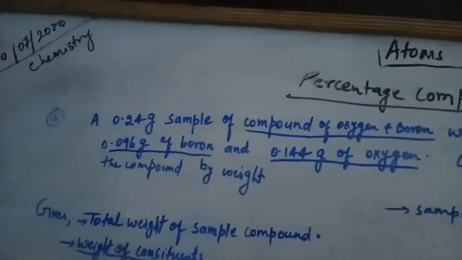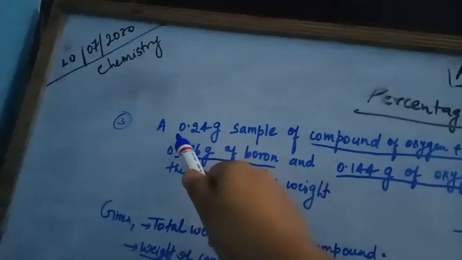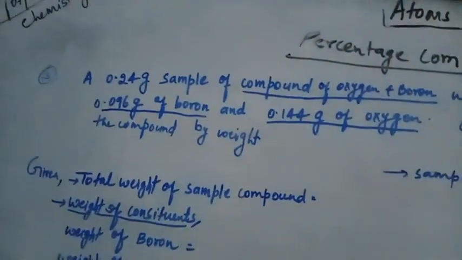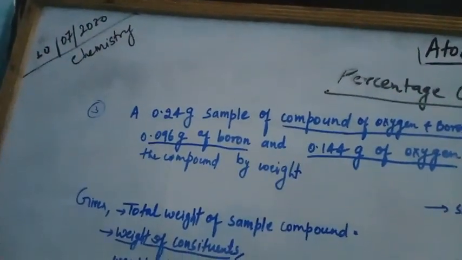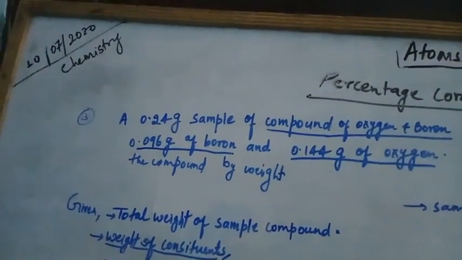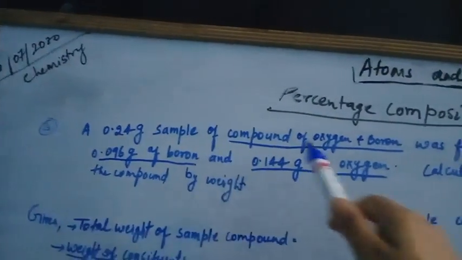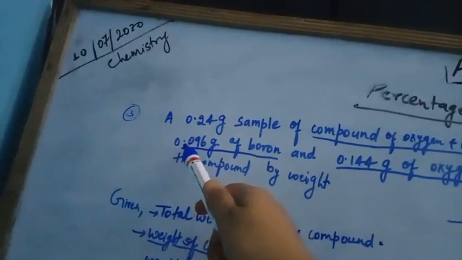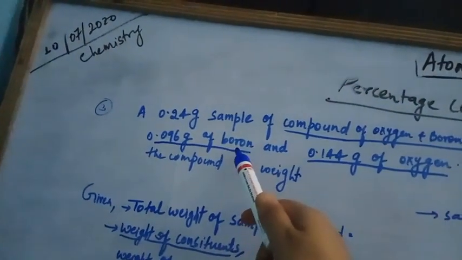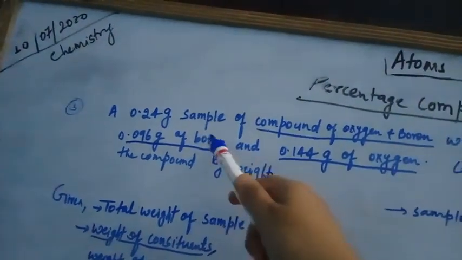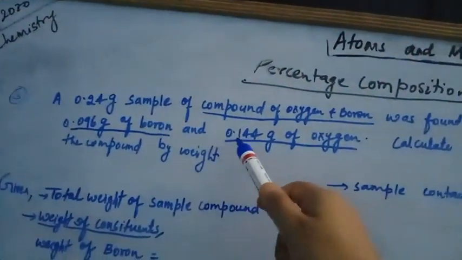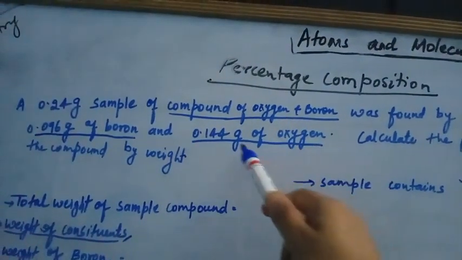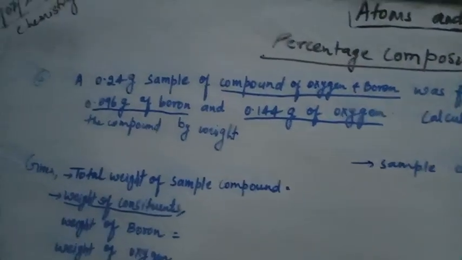And here in the question, the total mass or total weight of the sample is given, that is 0.24 gram, and the weight of its composition. What are the composition? Composition are boron and oxygen. So their weights are also given, that is 0.096 gram of boron is present in the sample of 0.24 gram and 0.144 gram of oxygen as a composition is present in the sample.